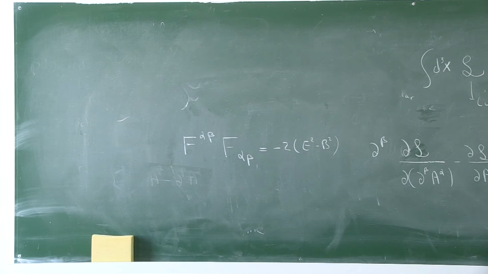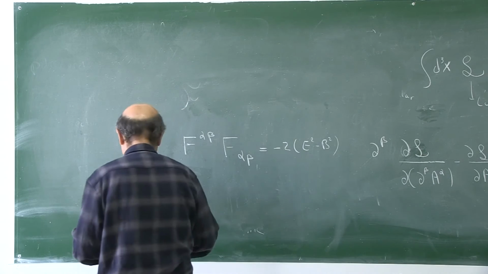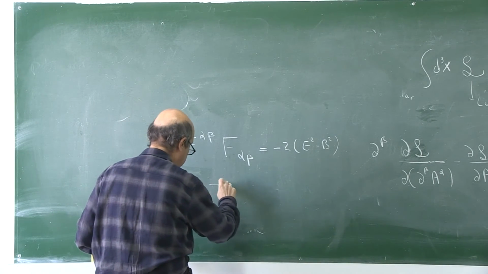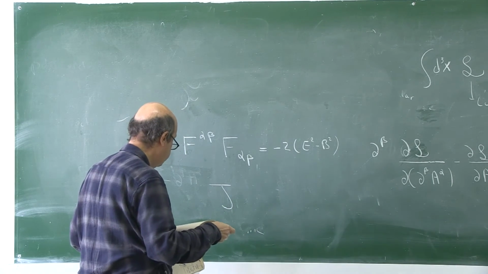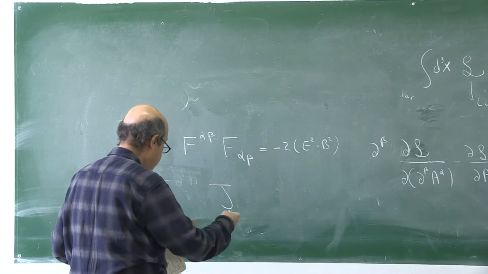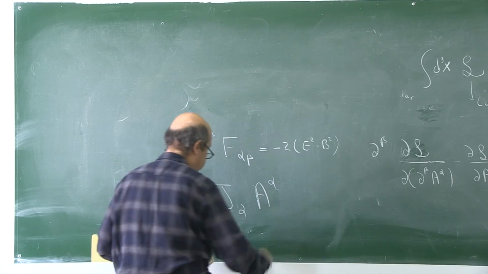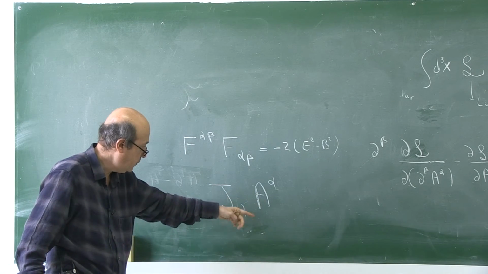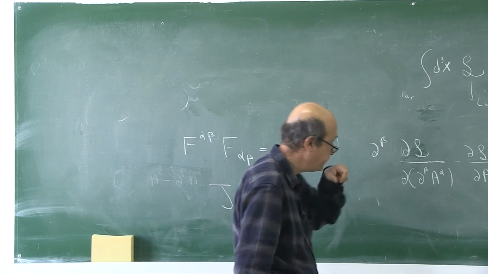So what other scalar can I choose? The other scalar could be J alpha A alpha, the interaction of the four-potential with the current density.